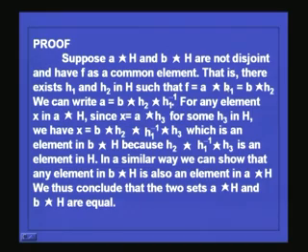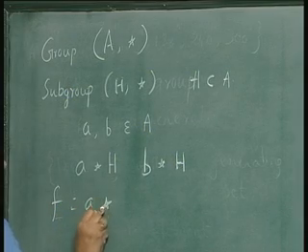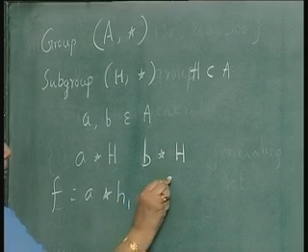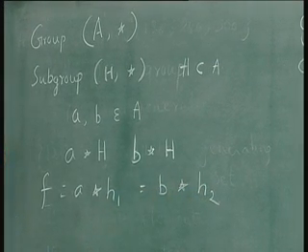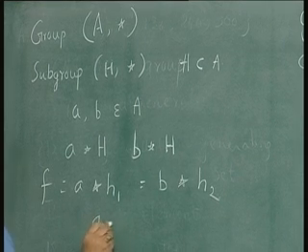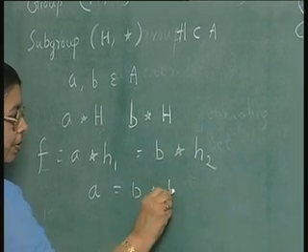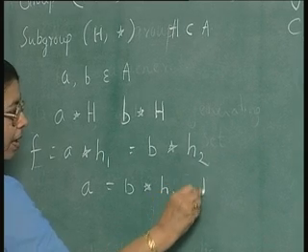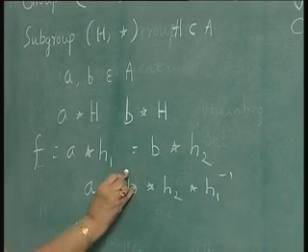So, you have f equal to a star h1 and that is equal to b star h2. So, what can you say about a? a is equal to b star h2 star h1 inverse. Because of the group property, you can have it like this. a is this.